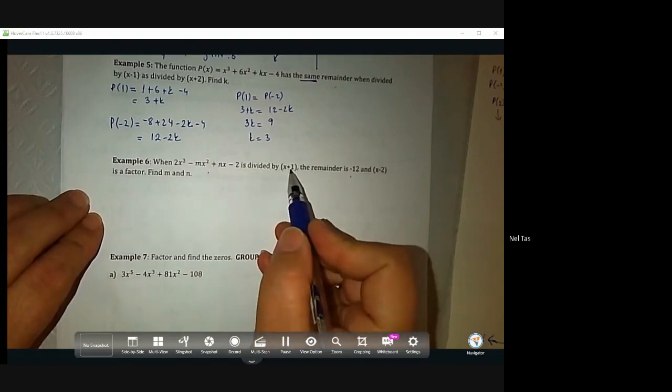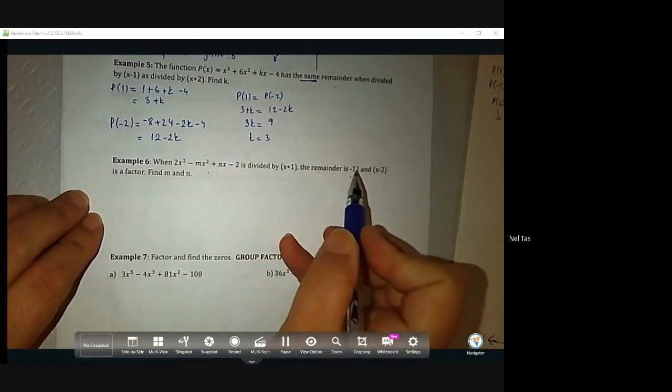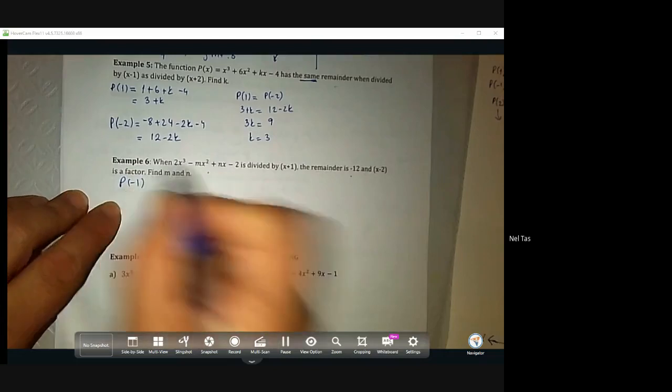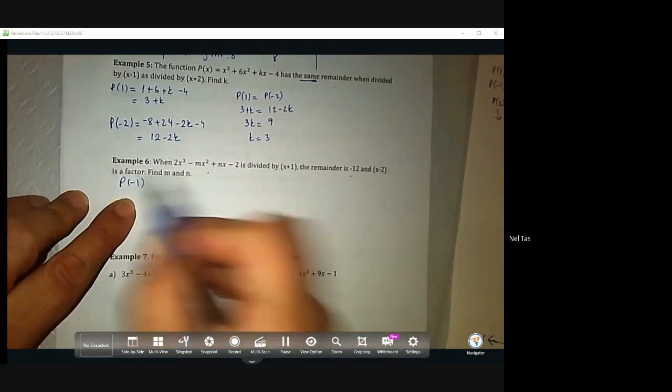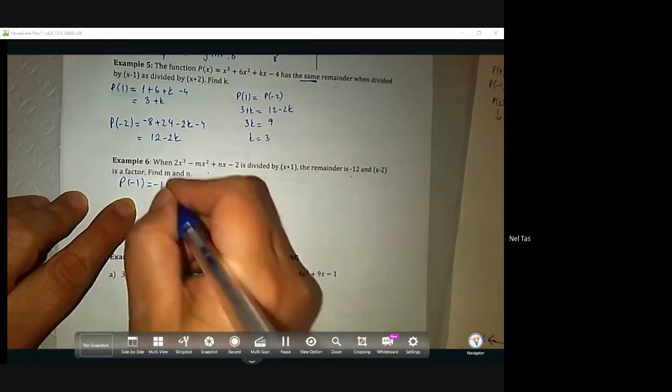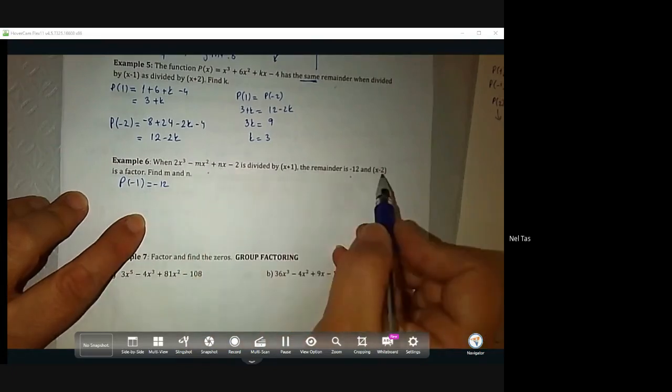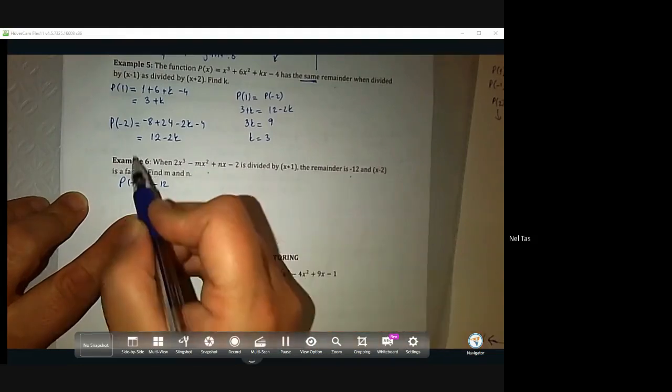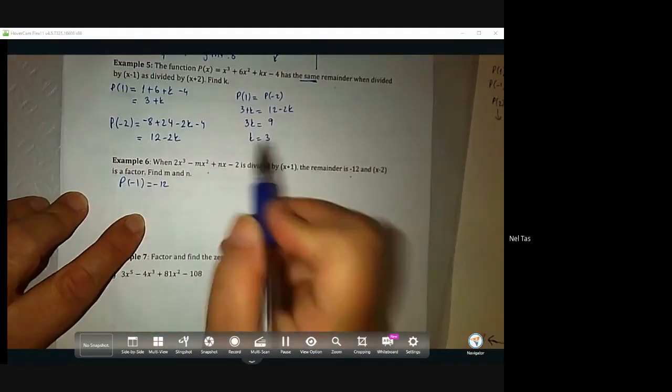It says that when it is divided by x plus 1, the remainder is negative 12. So if we substitute negative 1 in this polynomial, that is the remainder, equal to negative 12. That is the first piece of information. Second, when this is divided by x minus 2, the remainder is 0 because x minus 2 is a factor.